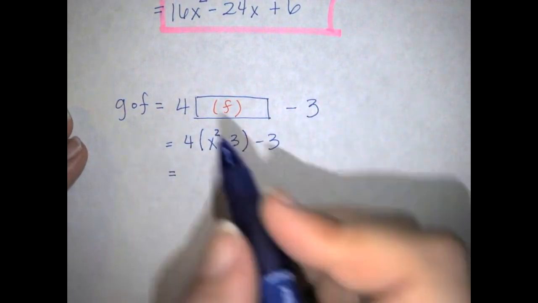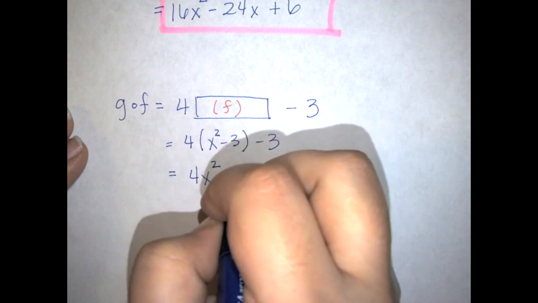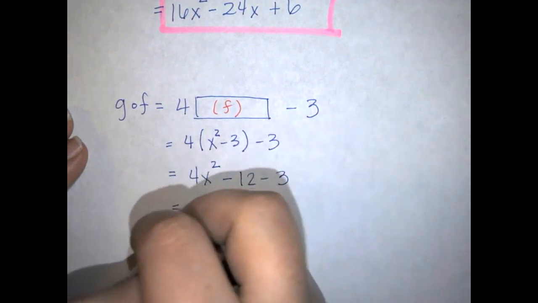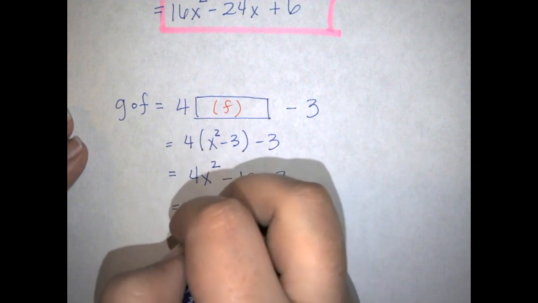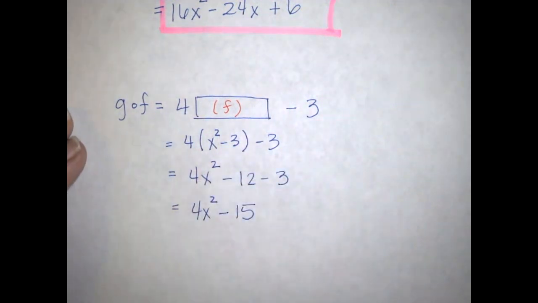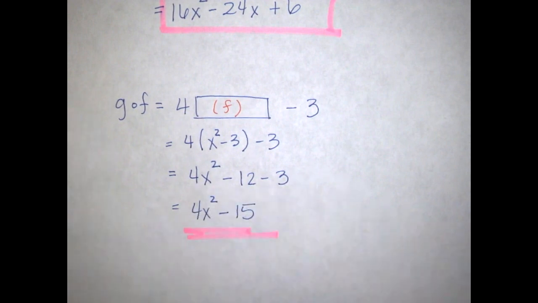Well, all I have to do here is distribute, so this becomes a 4x squared minus 12 minus 3, which is going to be 4x squared minus 15. And so here is this result.